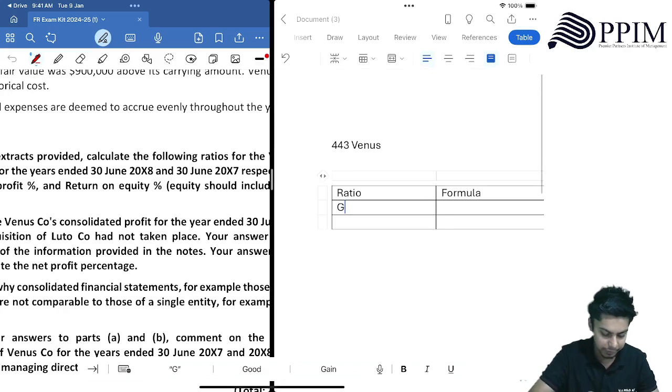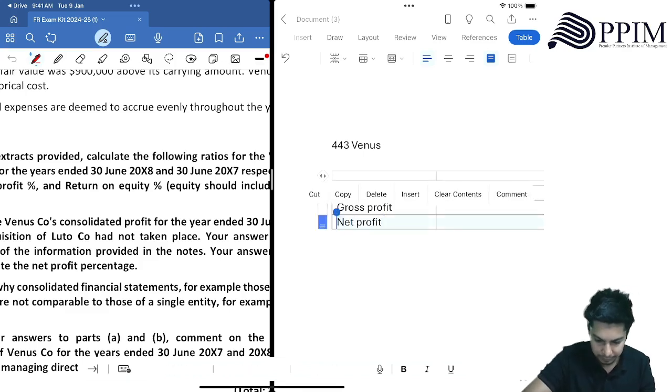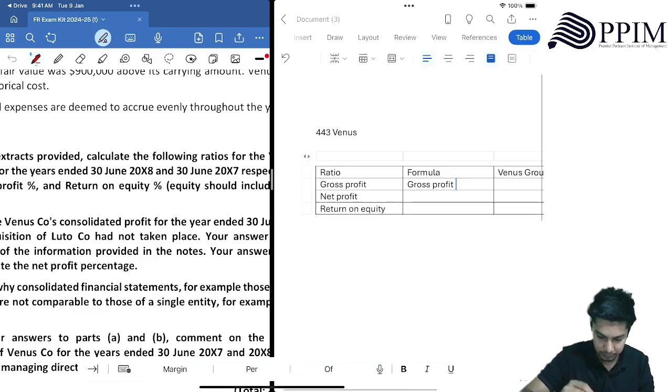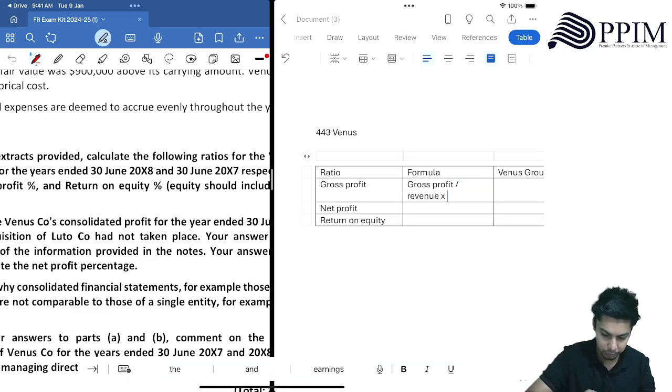In our book, they are asking from us three ratios. Can you write down the three ratios? Gross profit ratio, net profit ratio, and also they are asking return on equity. So what are the equations? Start writing. Gross profit divided by revenue into 100.